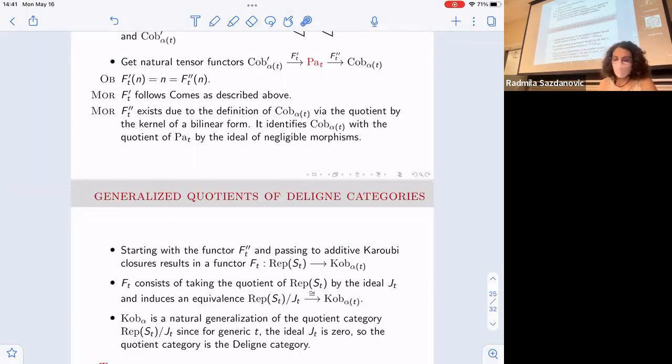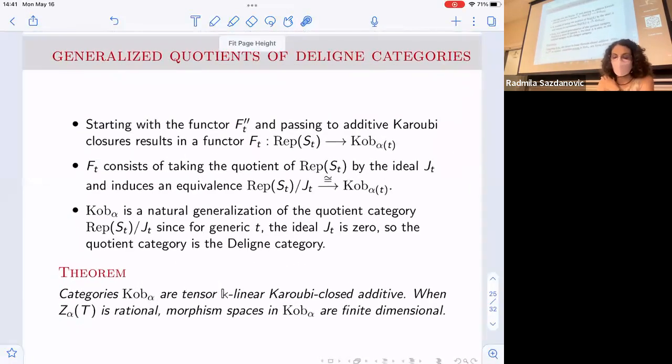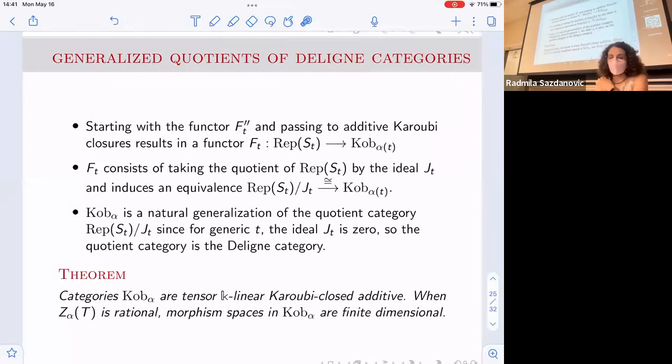The order in which the closures and the quotients are taken doesn't matter in this case, but in general, it could be relevant. So basically what we get here is that for this particular choice of alpha, when it's constant, we recover the Deligne category or the quotient of the Deligne category by the negligible morphisms. But again, if you take a more general alpha, that's where the generalizations come from.